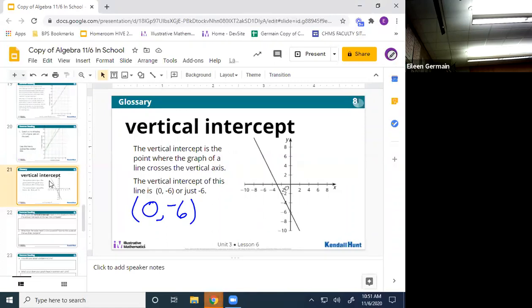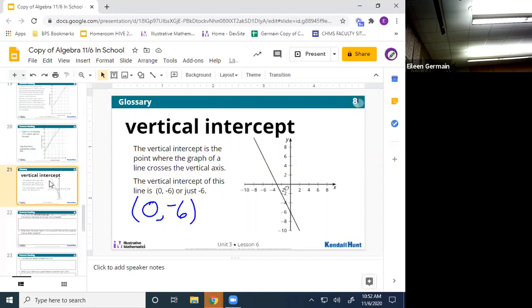I'm going to hold it up for you. Abby, how would I write that as a coordinate pair? 0, comma, 1. Very good.